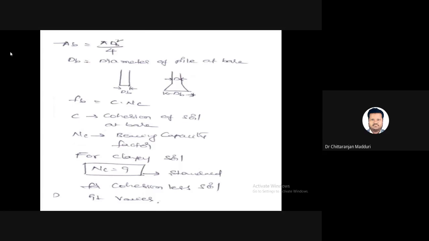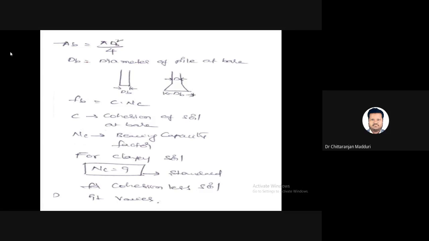Here you can see the uniform diameter pile, with the same diameter at top as well as bottom. The second one is the enlarged base, where at the base the diameter is enlarged. Don't take D, you need to take D suffix B, the diameter of the pile at the bottom.